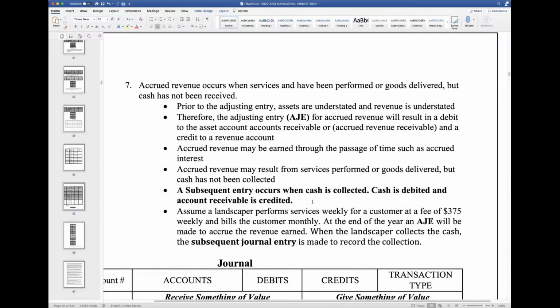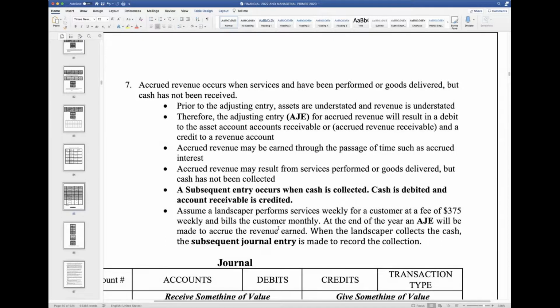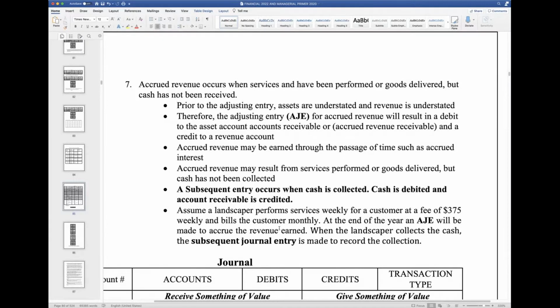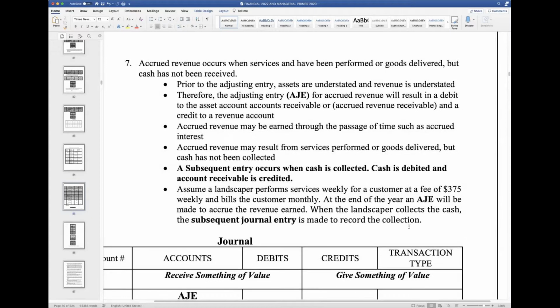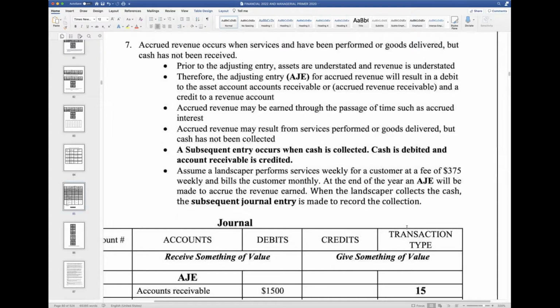Assume a landscaper performs services weekly for a customer at a fee of $375 weekly and bills the customer monthly. At the end of the year, an AJE was made to accrue the revenue.